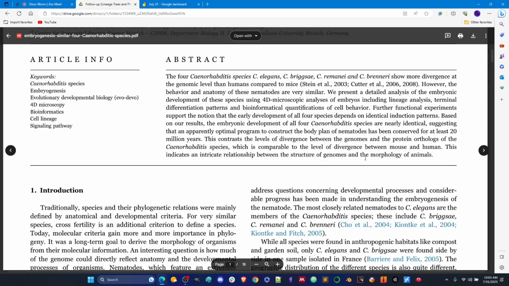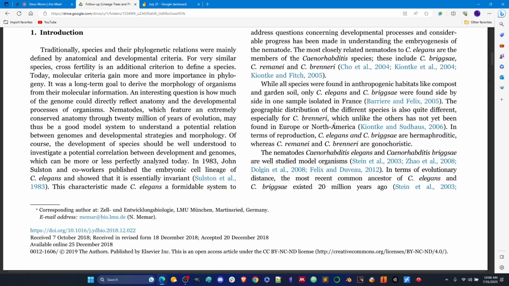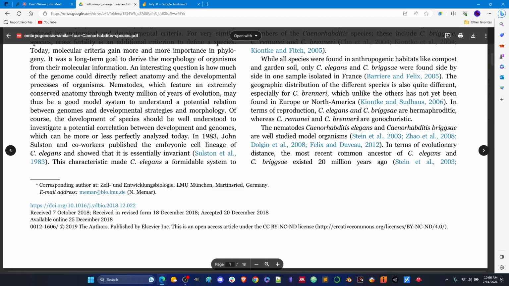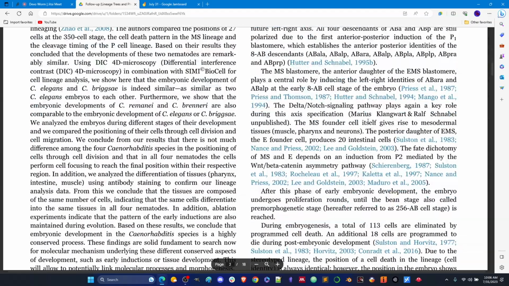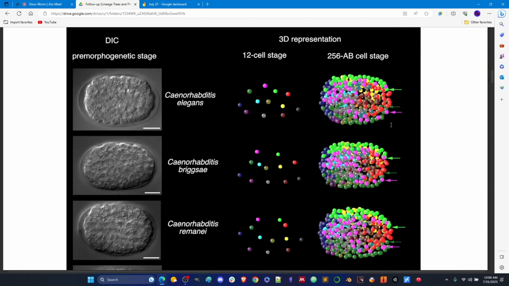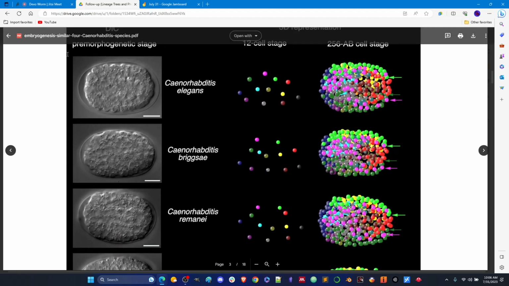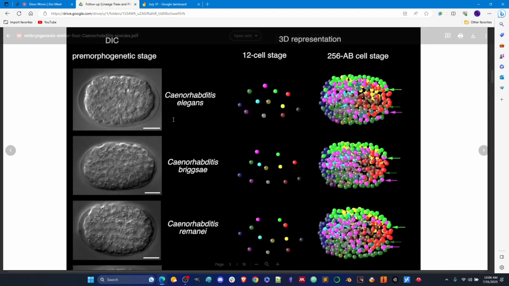So they go through a lot of these studies that talk about the 4 species. There are some good figures in this paper. This is actually a good example here of what they look like. So this is C. elegans, I think at the 256 cell stage.